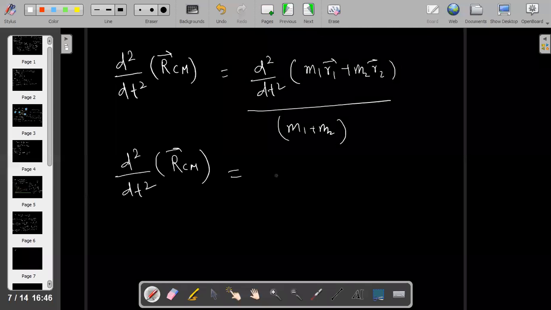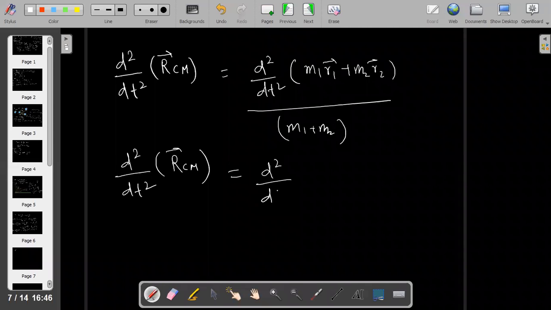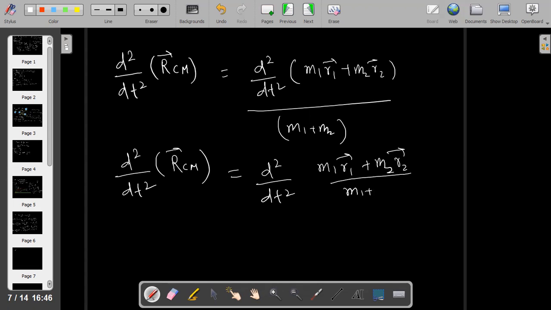RCM is d square by dt square of m1 r1 plus m2 r2 divided by m1 plus m2. This is constant, m1 plus m2 is a constant, so it can move inside. Is it clear?